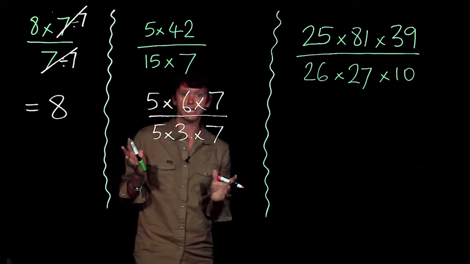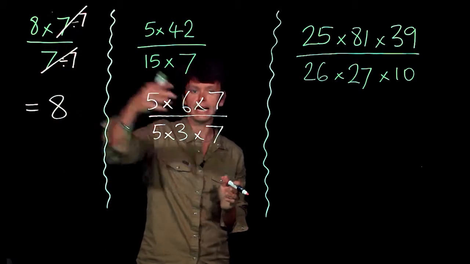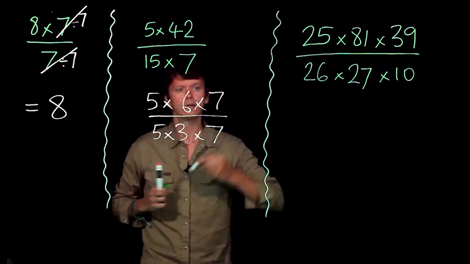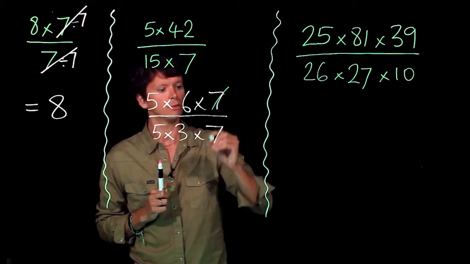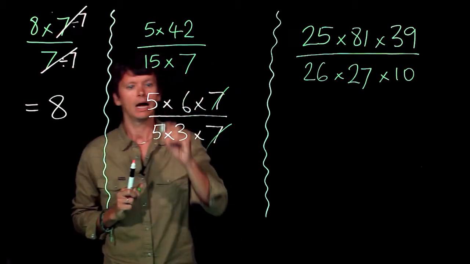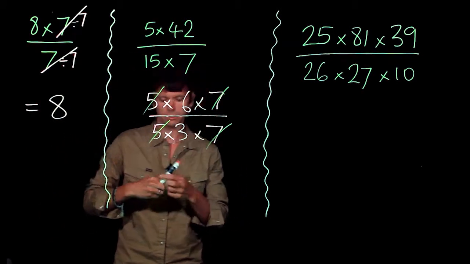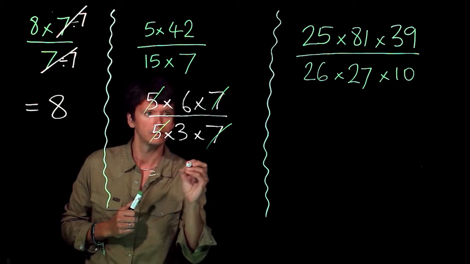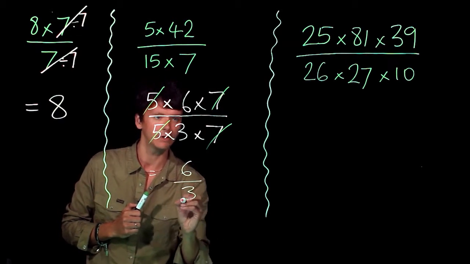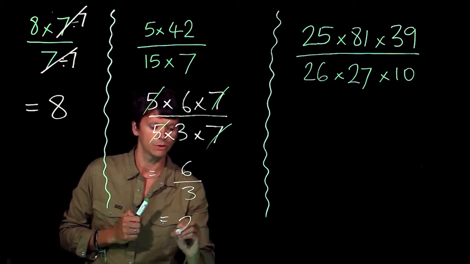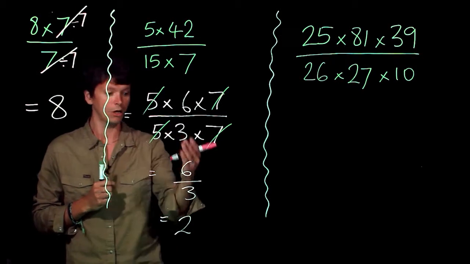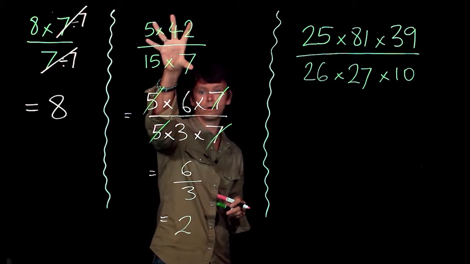Now it's much easier to see. We split these up and we can see, just like we had here, we have numbers on the top that are also on the bottom, so we can cancel them. And we can cancel our 5s. So what we've ended up with is 6 divided by 3, which equals 2, which is a lot more straightforward than working this out longhand.